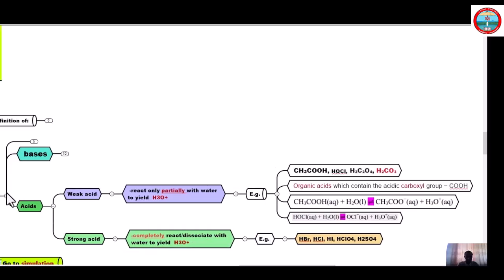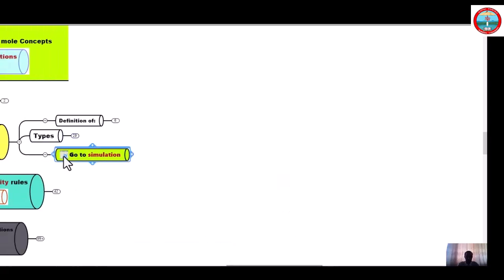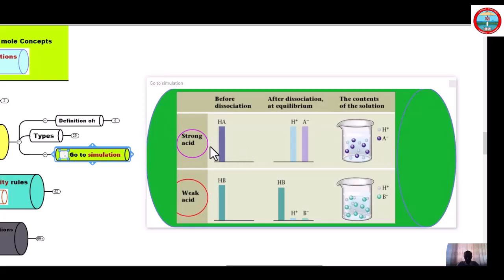Let me explain this in more detail with a diagram. You can see here before dissociation and after dissociation, and the content of the solution. If the acid is strong, after dissociation there is no undissociated acid left over, simply the cation and anion of the acid will be formed.